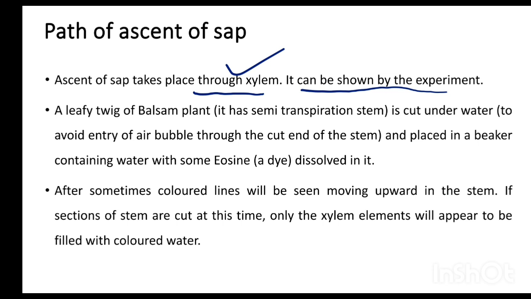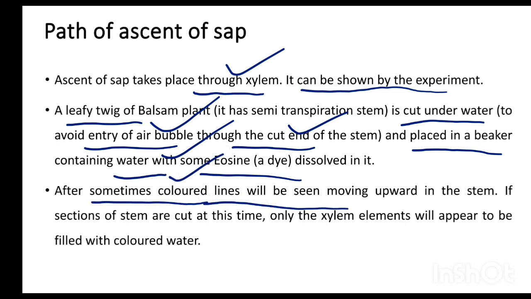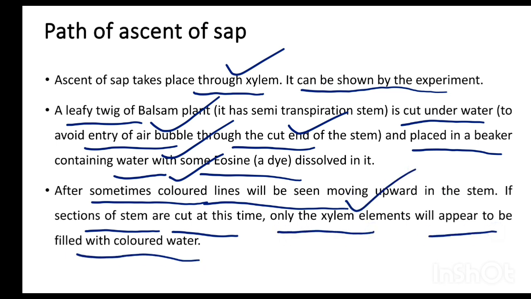In the first experiment, a leafy twig of a balsam plant was taken and cut under water to avoid entry of air bubbles through the cut end of the stem, and the cut end is placed in a beaker containing water with some colored eosin dye. After some time, the colored lines will be seen moving upward in the stem. If sections of the stem are cut at this time, only xylem elements will appear to be filled with colored water.